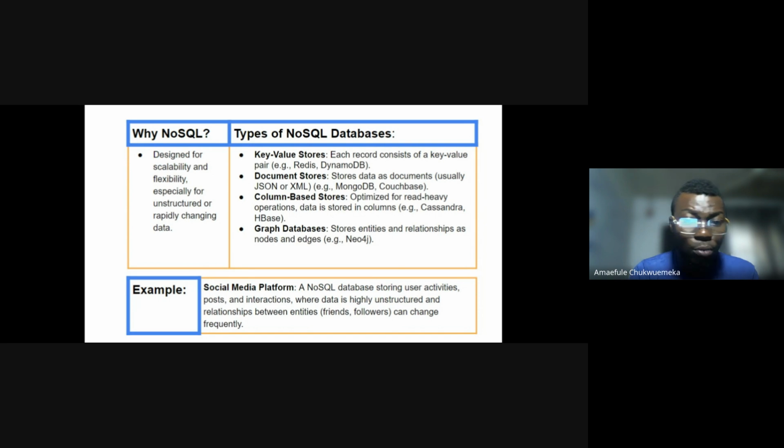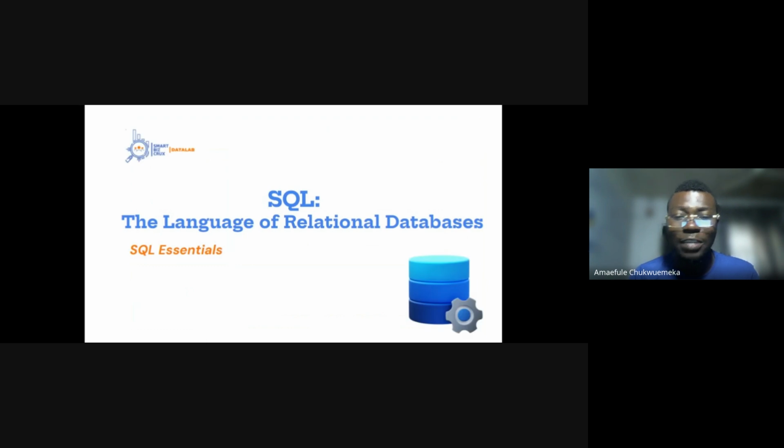You could put a post up, you could take it down, someone can just search for your name and find you and connect with you. How does that happen? You need a database that is very flexible and scalable. And for social media data, definitely NoSQL is your guy.